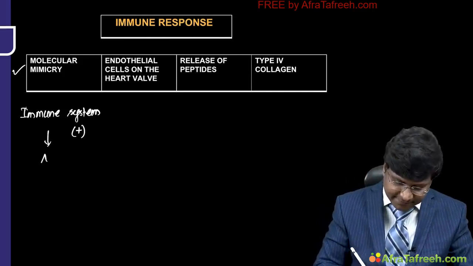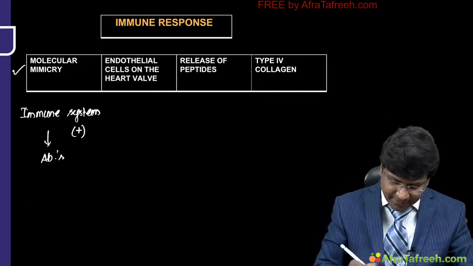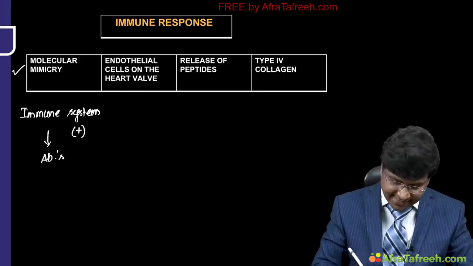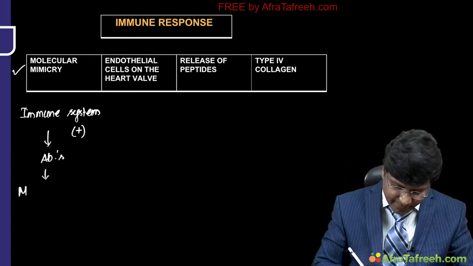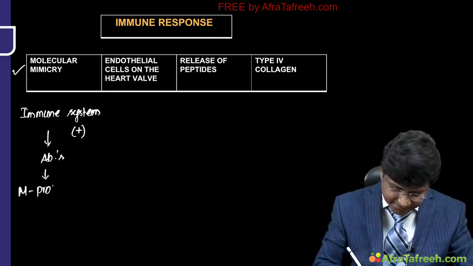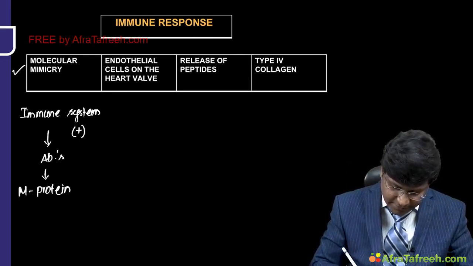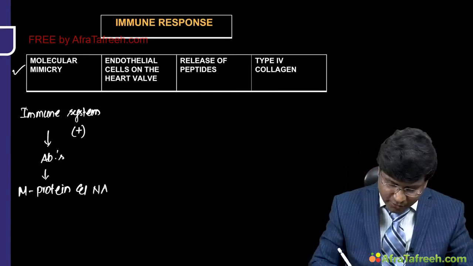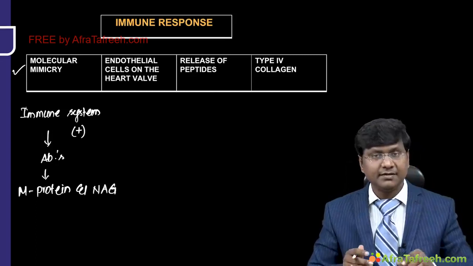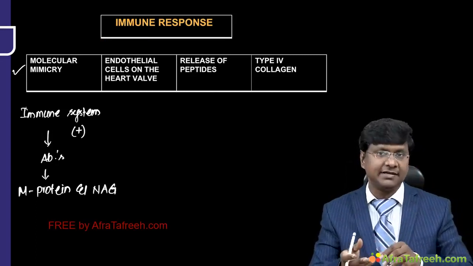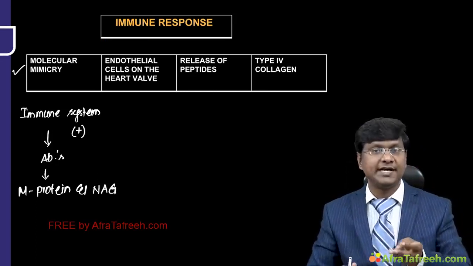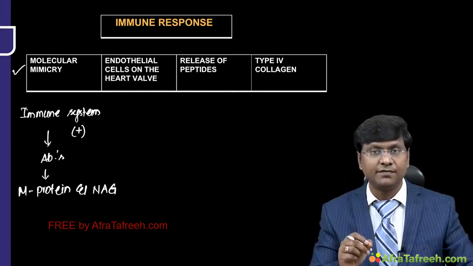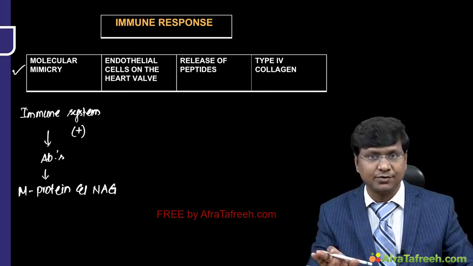This immune system produces antibodies, and these antibodies are targeted against M protein and N-acetylglucosamine of group A beta hemolytic streptococci.